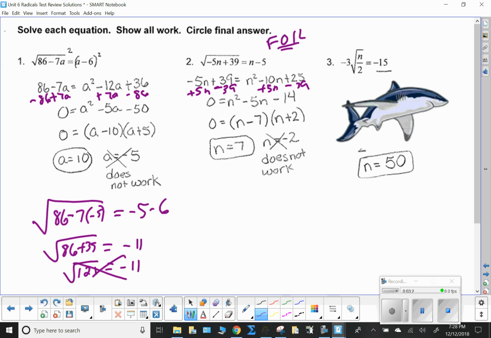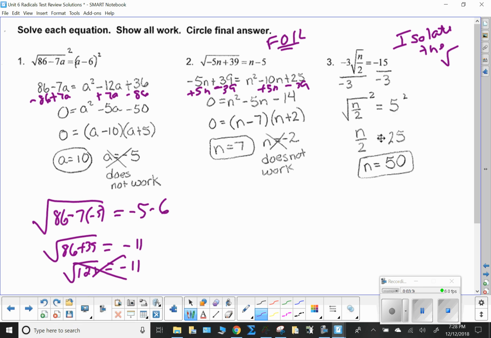Number 3, before you do anything, isolate the radical. So I'm going to divide both sides first by negative 3. Then I'm going to square both sides and multiply both sides by 2. N is 50.